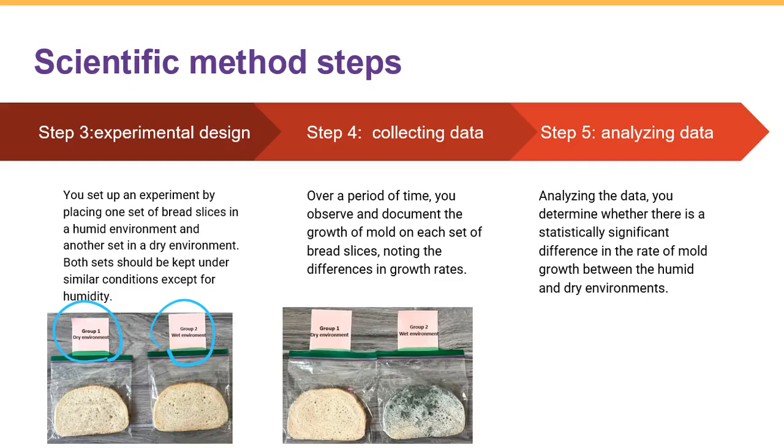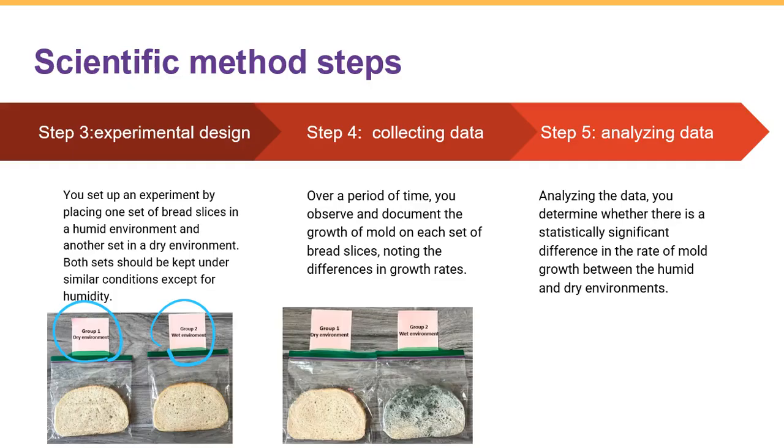Group 1, you place in a dry environment, and the second one in a wet environment, and you're going to compare the results. That is your experiment. You have the control group, which doesn't have the variable, humidity. And the second one is your experimental group, which you place in the wet environment.